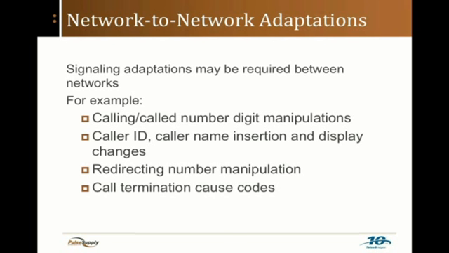Those can be changed by the signaling gateway. It's also possible to modify or change the redirecting number. This can be interesting when calls are being sent, for example, to a voicemail system, where the redirecting number is actually the telephone number of the voicemail for that subscriber.